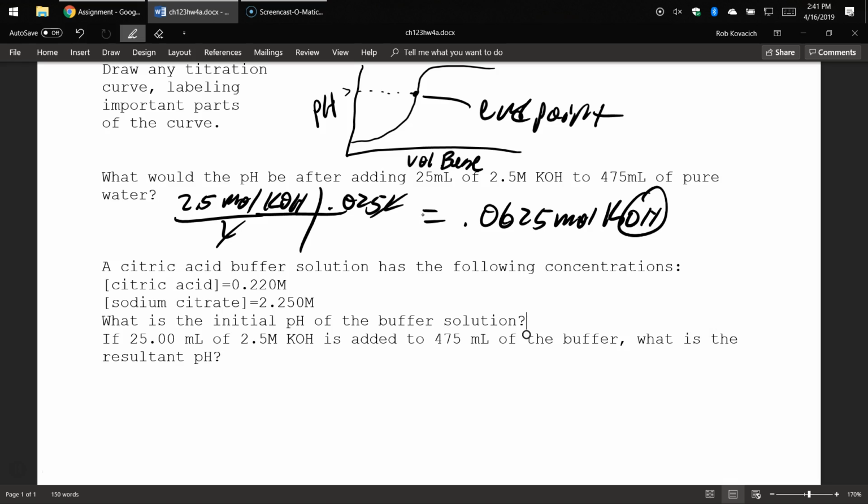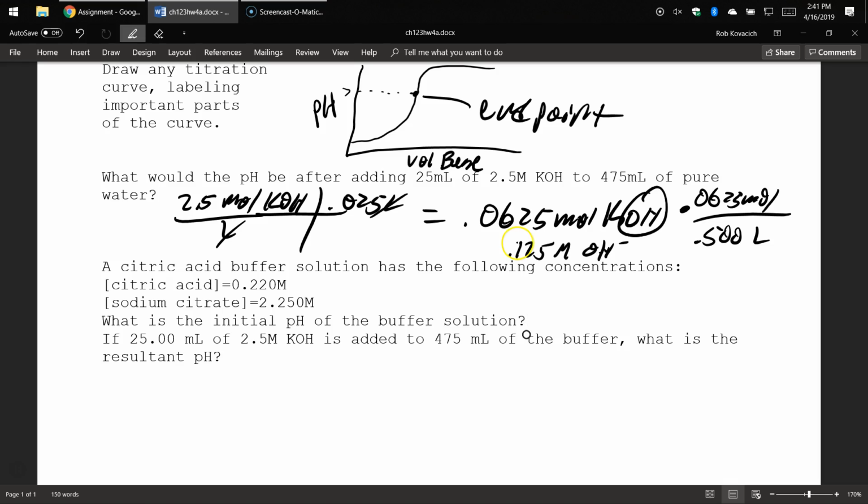So then if I take the 0.0625 moles and divide it by 0.5 liters, so we end up with 0.0625 divided by 0.5, and that's 1.25 molar hydroxide.